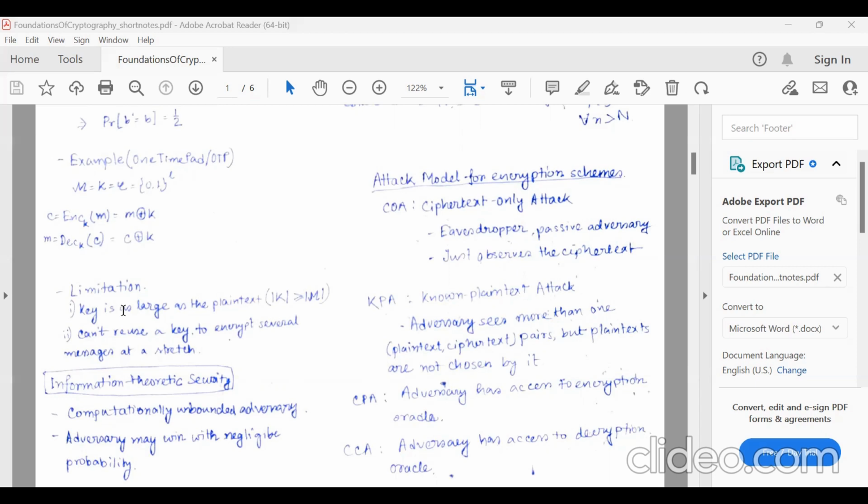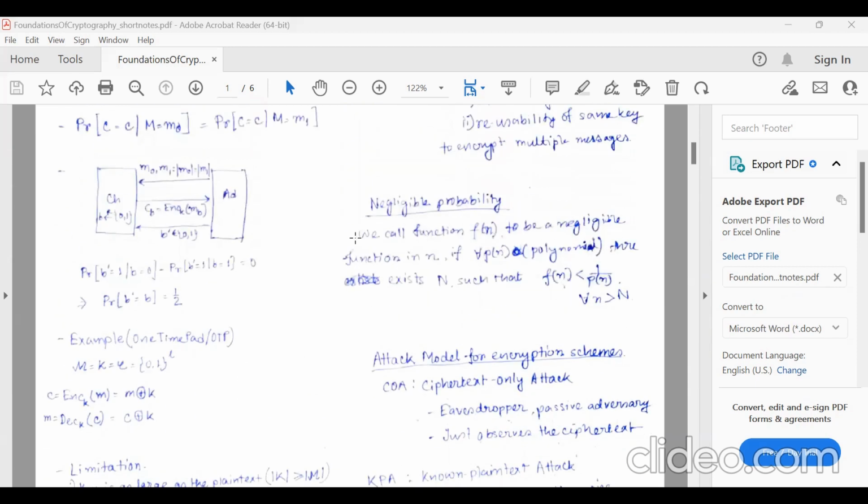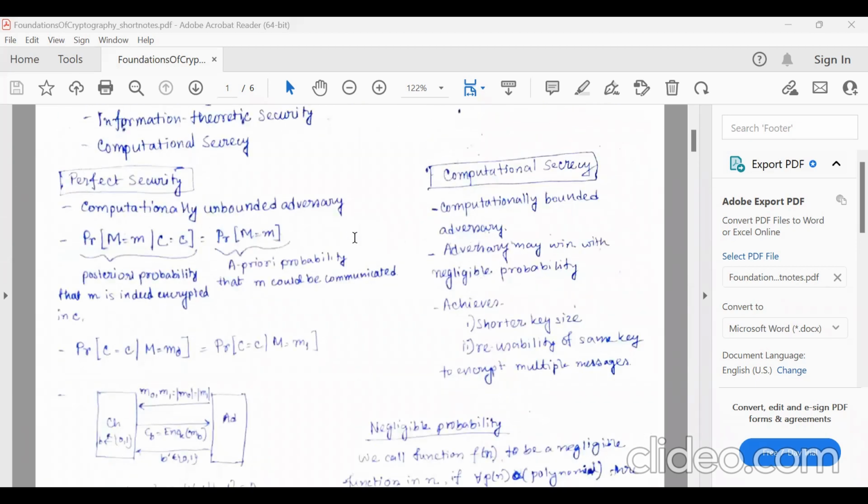But in case of information theoretic security, we allow the adversary to win with negligible probability. And in case of computational secrecy, your adversary will have bounded computational power, and the adversary also may win with negligible probability.